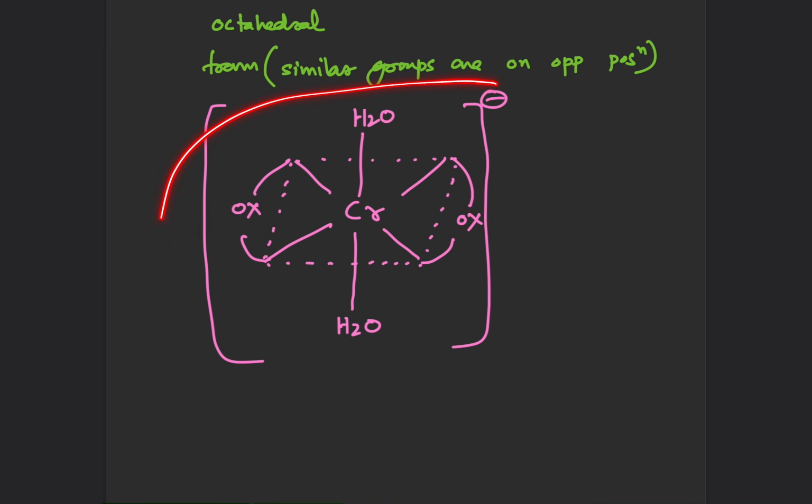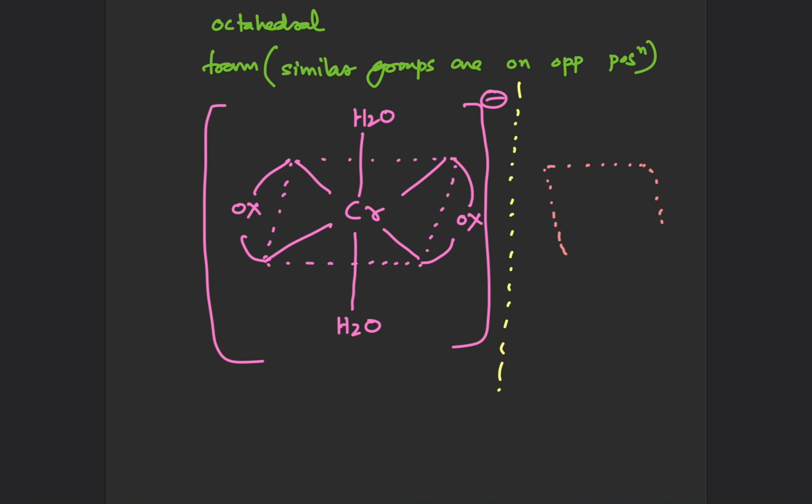To check the chirality of this, let's draw its mirror image. Its mirror image will look something like this. We will have chromium, H2O above the plane of screen, H2O below the plane of screen, and two oxalate ions.